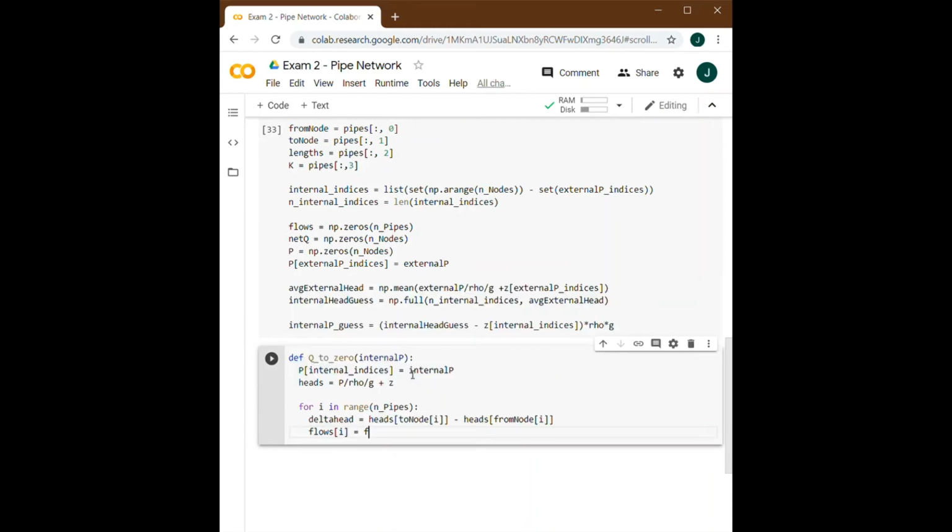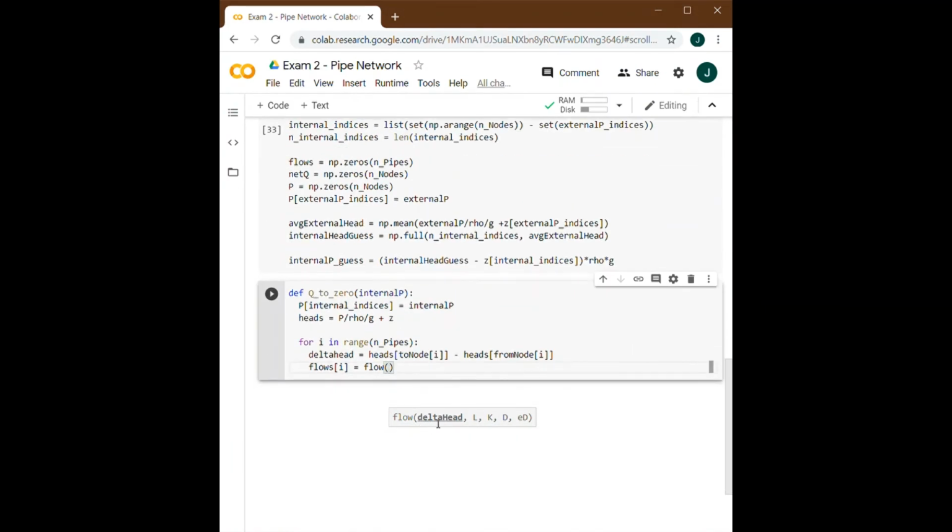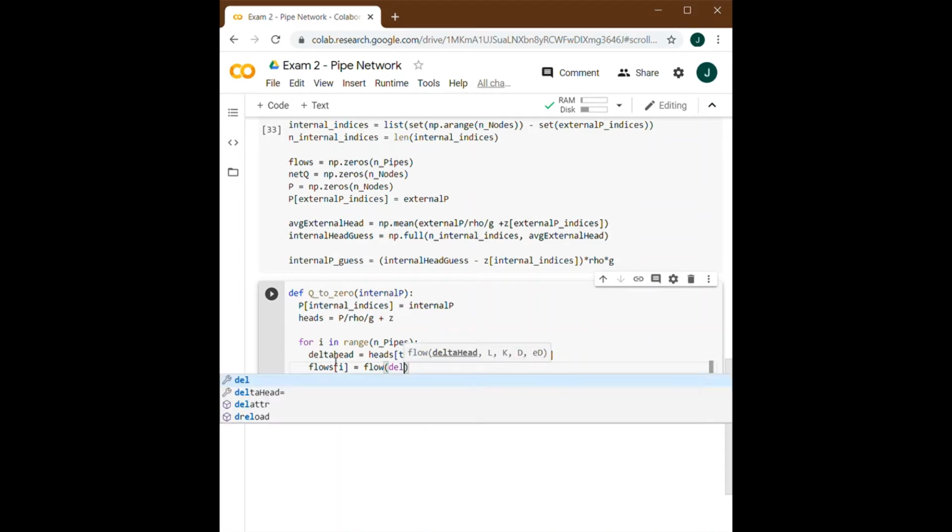So we're going to call up this flow function. And if you remember, our flow function required, this nice handy tooltip will tell us, a delta head variable, which we just calculated a minute ago. So we got delta head.